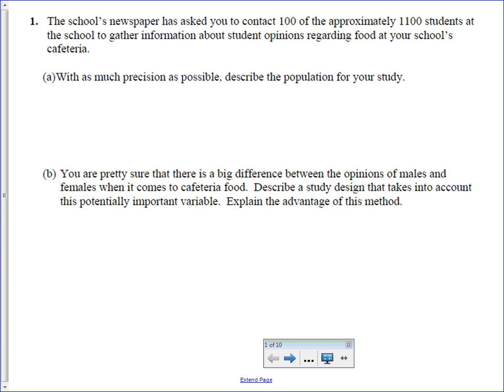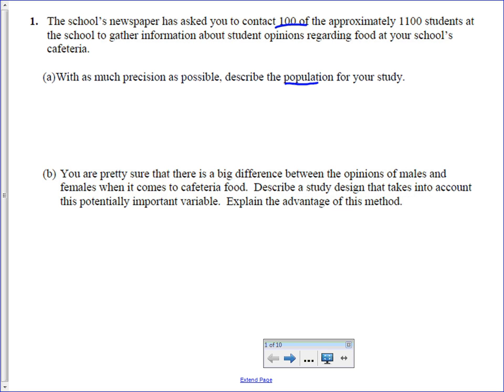So it depends on whether or not we randomly select. If we do not randomly select, then our population is just the 100 people that we actually contacted. If we randomly select 100 people, then our population is students at our school.